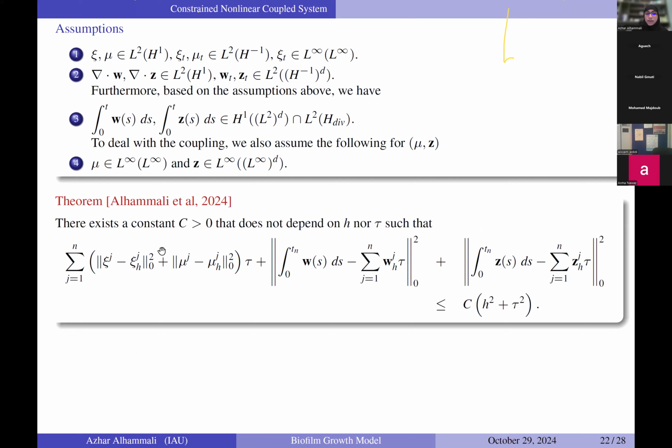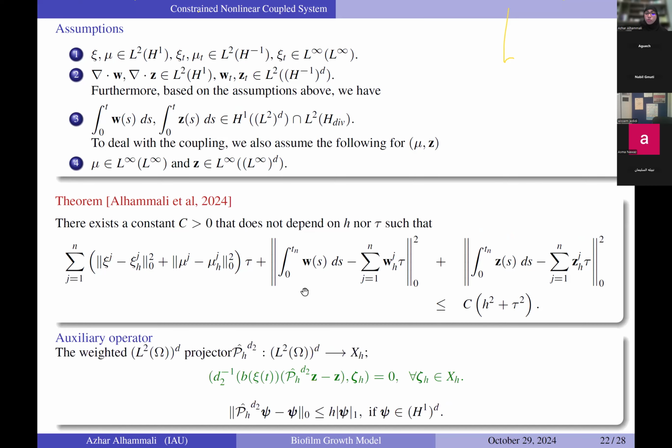The errors in xi, the biomass and nutrient, and their fluxes converge with first order. For the proof of this theorem, we use the same technique we used with the proof of the scalar BVI, but here we added the weighted L2 projection to be able to deal with the term that involves the diffusivity of the nutrient.